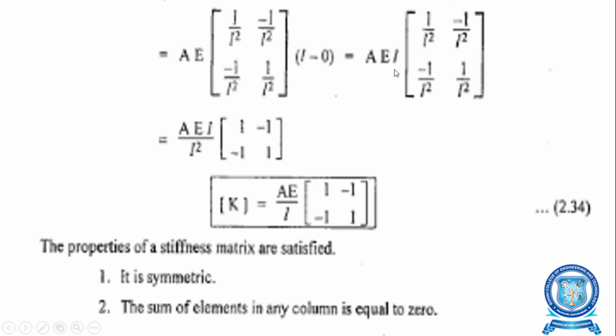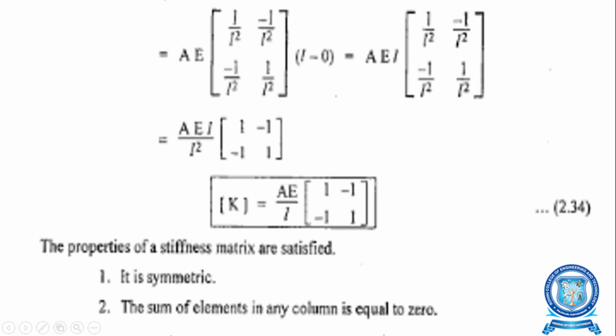This is equal to AEL into the matrix of 1 by L squared, minus 1 by L squared, minus 1 by L squared, 1 by L squared. Therefore it is equal to AEL by L squared into the matrix of 1, minus 1, minus 1, 1, and the final value is K equal to AE by L into the matrix of 1, minus 1, minus 1, 1.